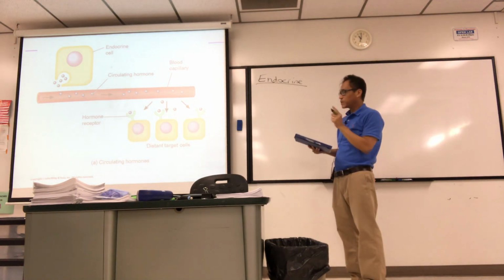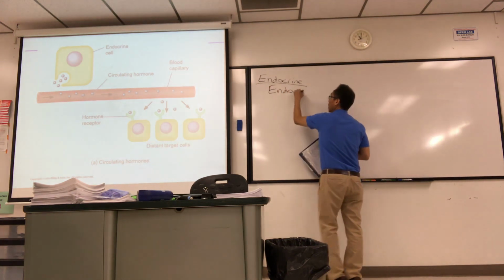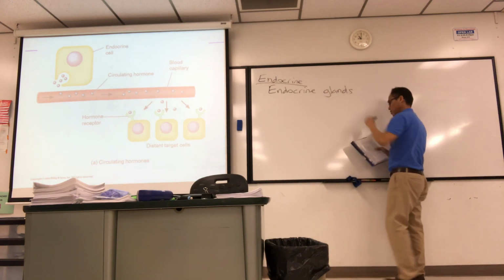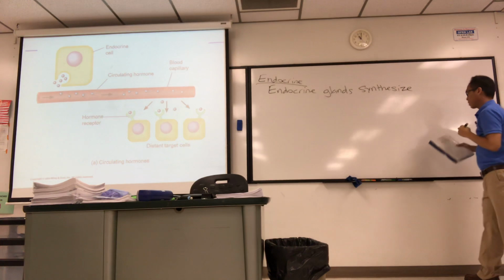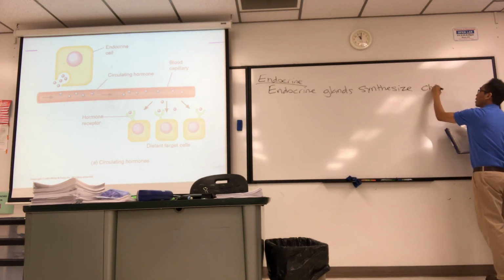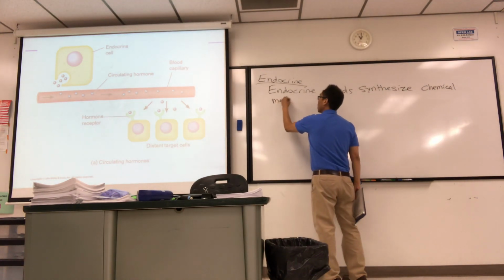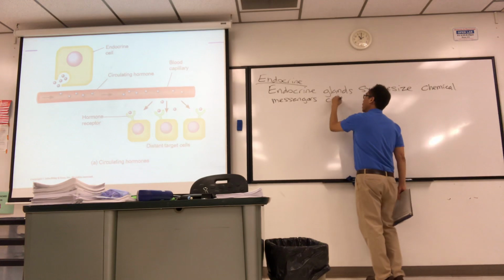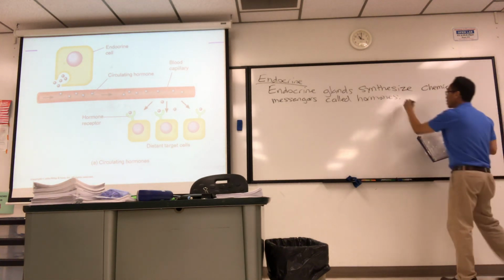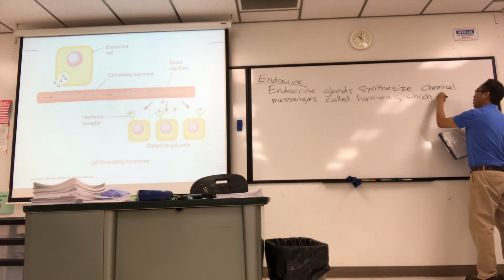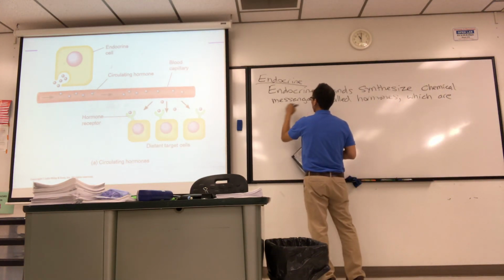Endocrine response involves, first, endocrine glands. They synthesize chemical messengers called hormones, which are secreted into the bloodstream.